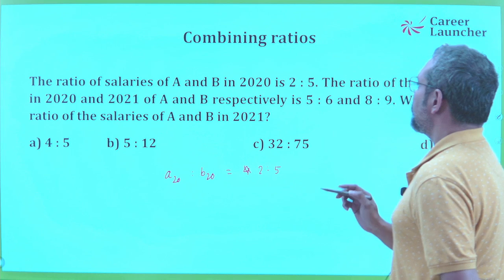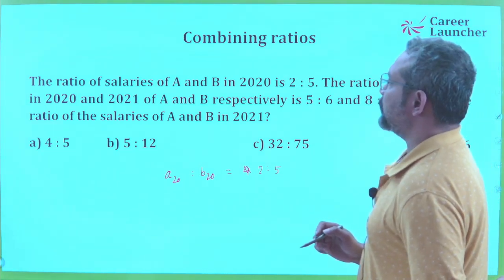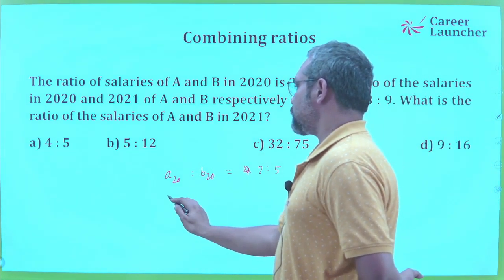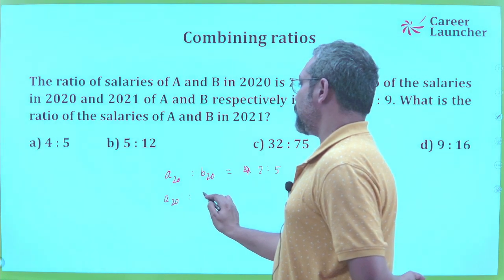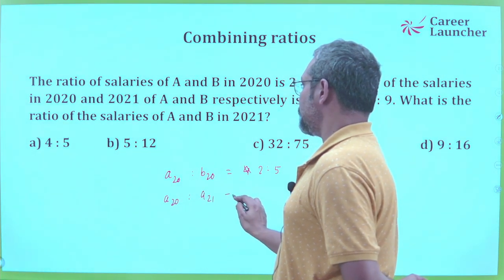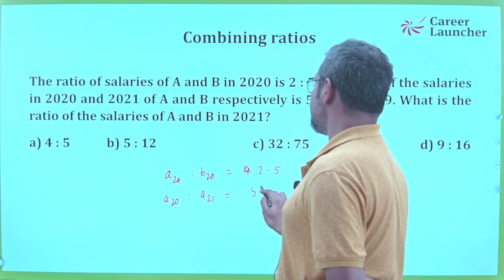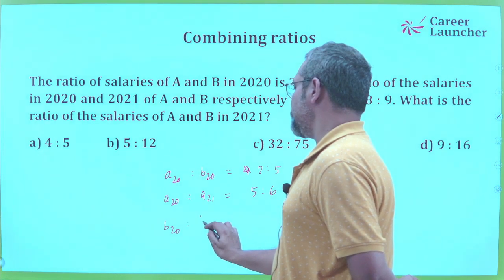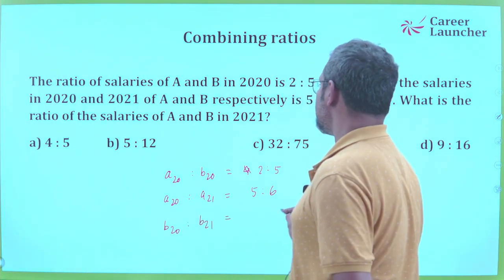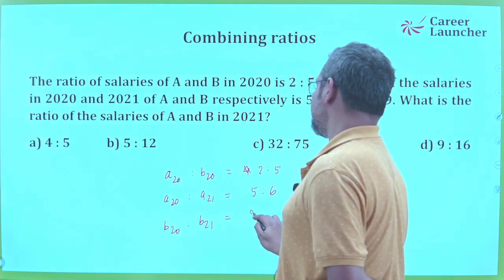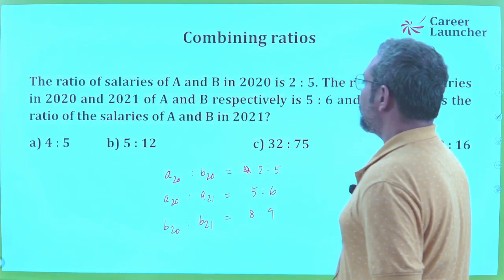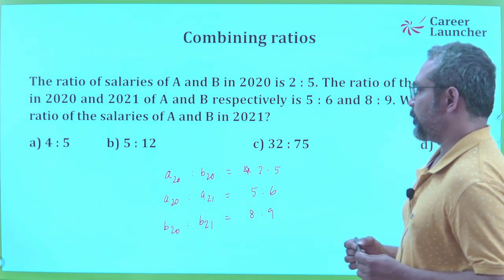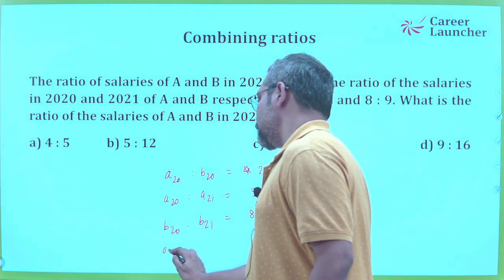The ratio of the salaries in 2020 and 2021 of A, so A in 20 to A in 21, is 5 is to 6. And then B in 20 to B in 21 is 8 is to 9. Now we need to figure out A 21 to B 21 is how much?